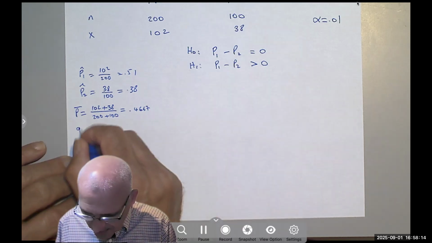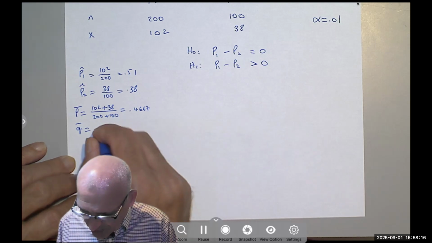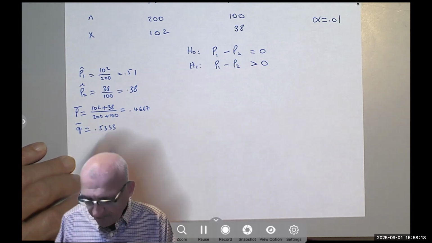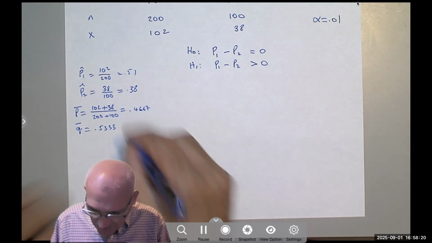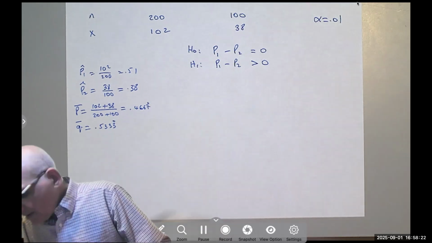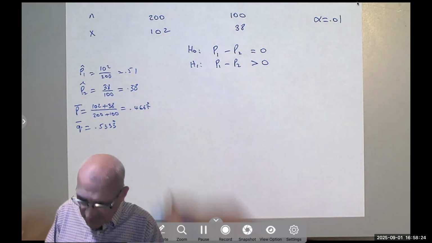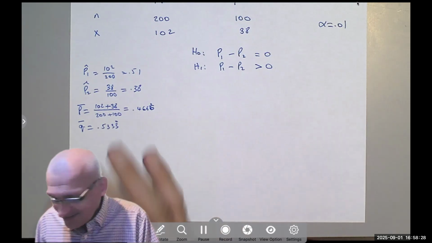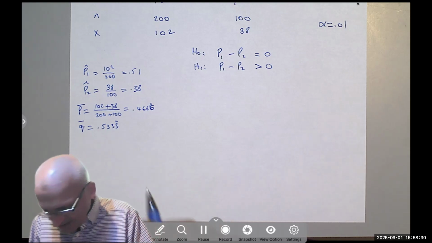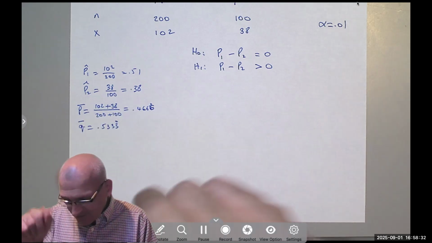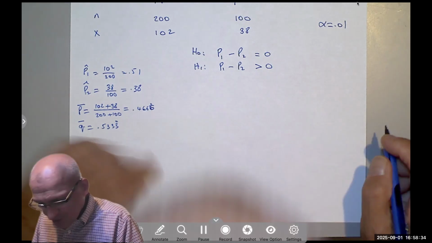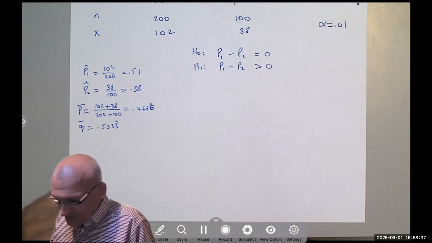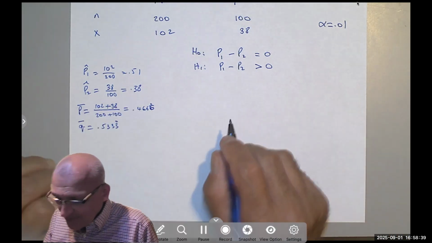And Q bar is 1 minus that, so it's 0.5333. Of course, these are repeating. So to be correct, mathematicians would kill us if we say 0.4667, so it should be 0.46 with a small bar on top, right?